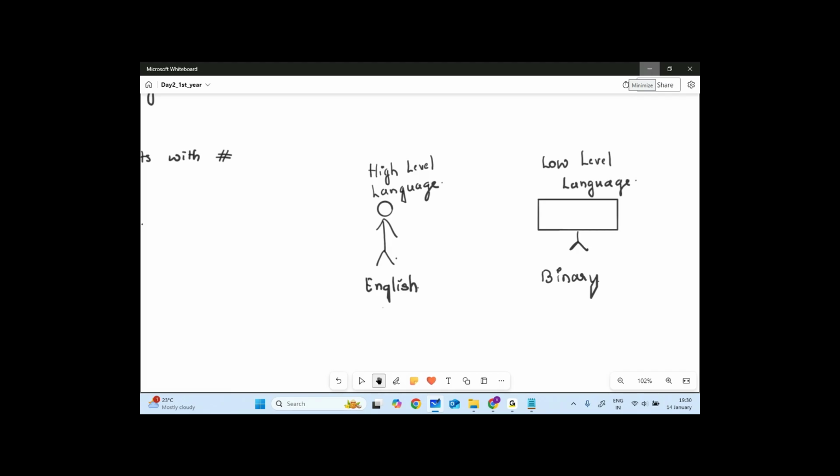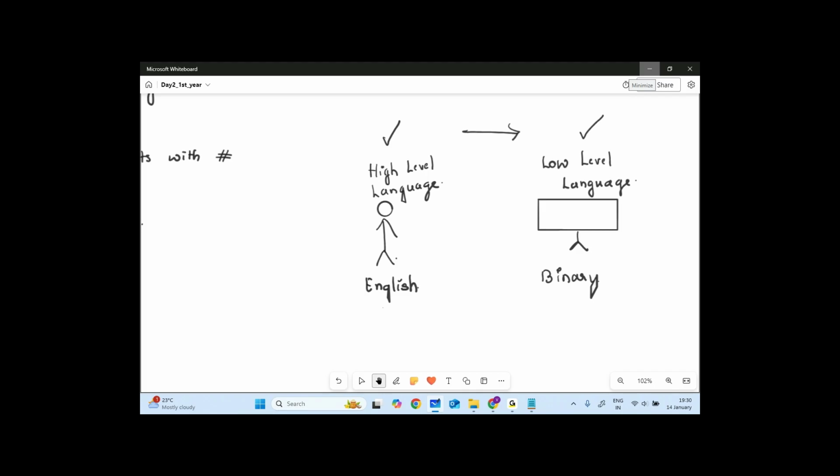Whenever a user writes a program, he will write it in high level language, which the machine cannot understand. That high level language code needs to be converted to low level language.